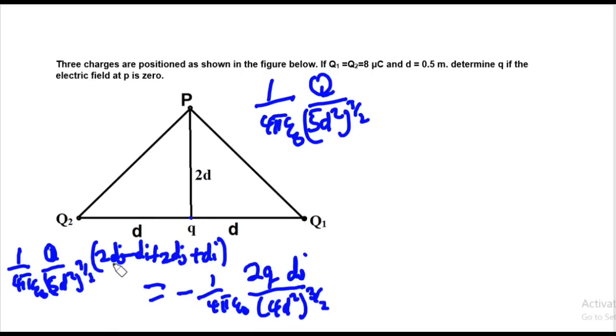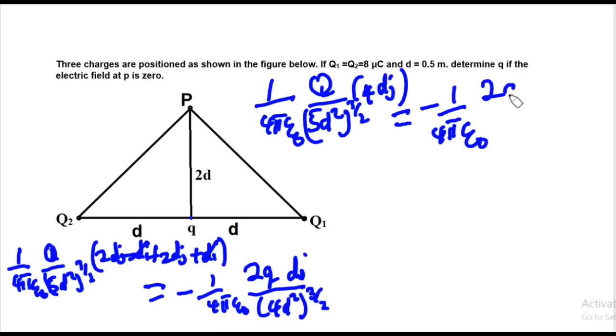This will cancel this, this will cancel this, so that we have 4dj equals minus 1 upon 4 pi epsilon 0.